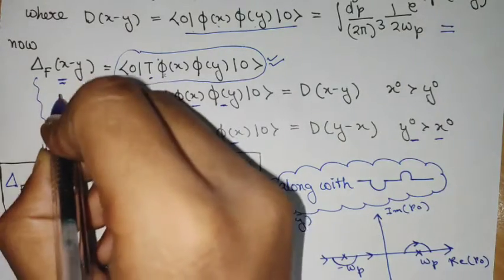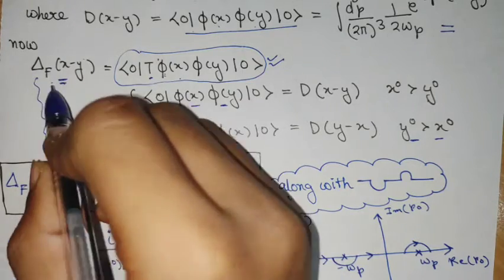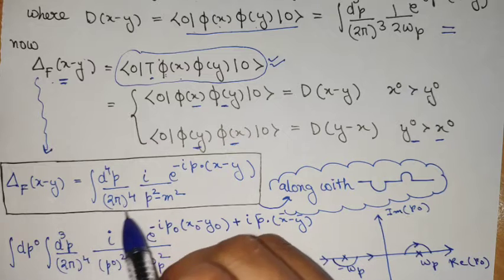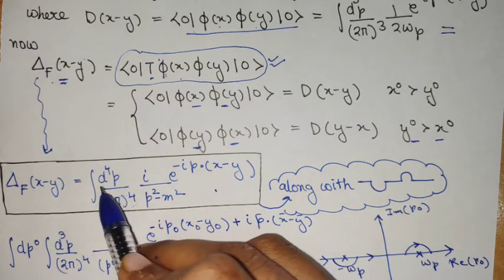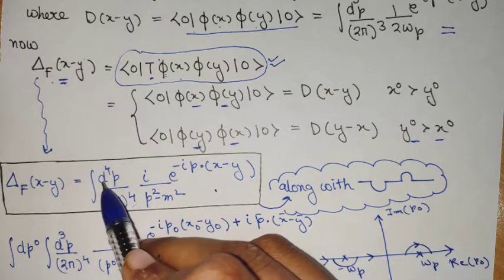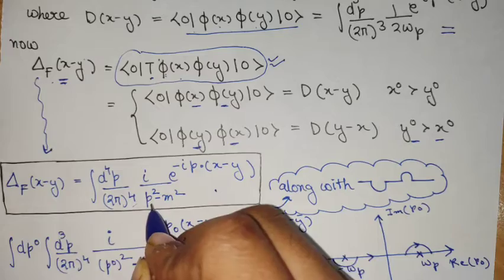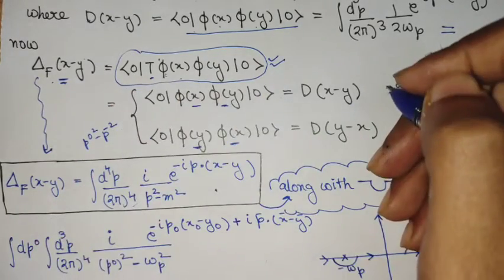But for now, we say that we find an equivalent representation of the Feynman propagator in terms of this integral that I have written here. So you see, for the first time, we see a 4-dimensional integral, d^4p, and this p squared is p0 squared minus p vector squared.